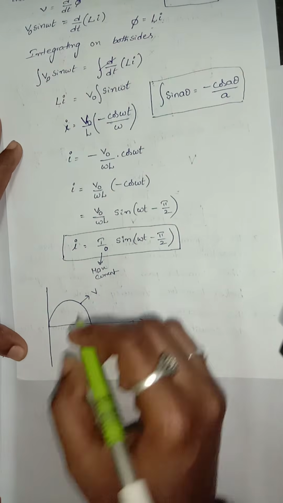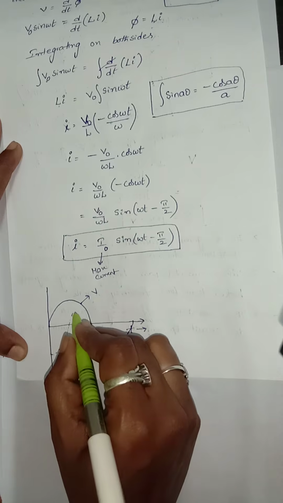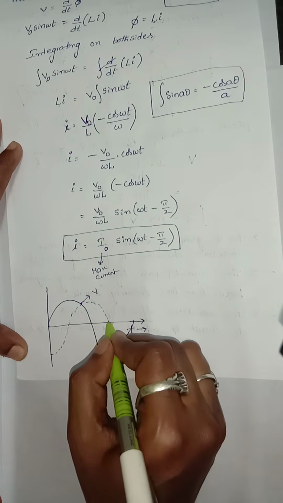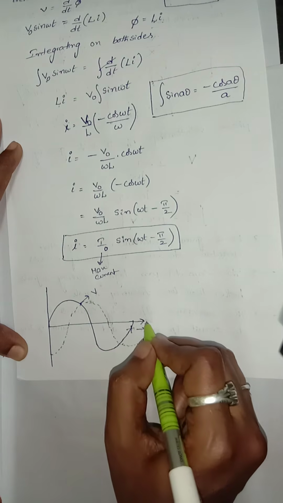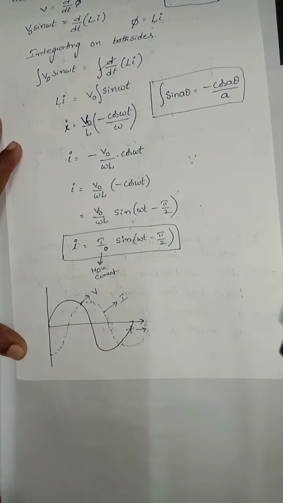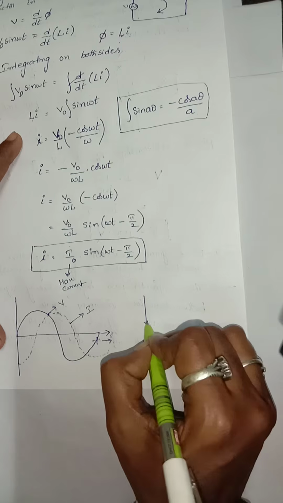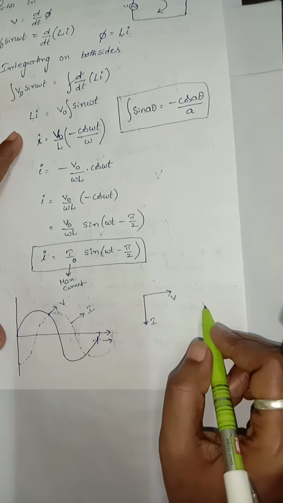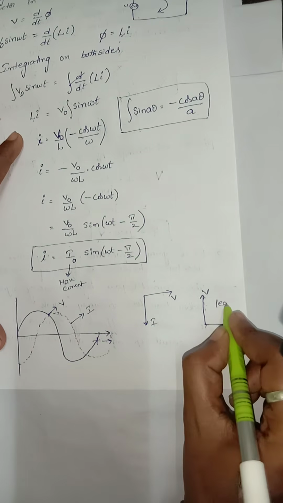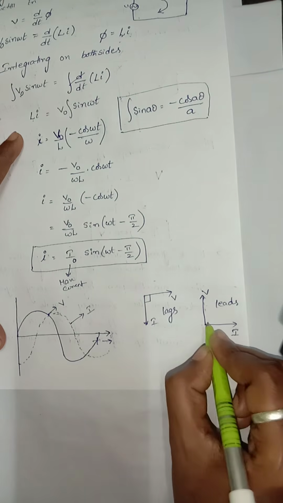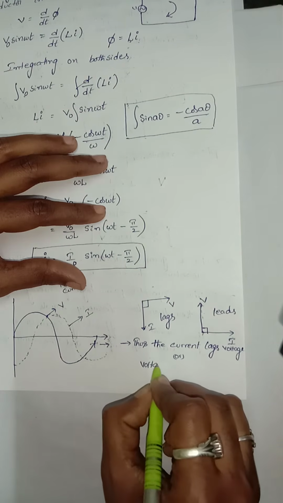This is the V, and this is the I. It shows the current lags the voltage, or voltage leads the current. Current lags the voltage by 90 degrees.